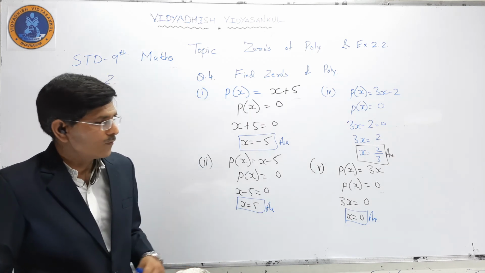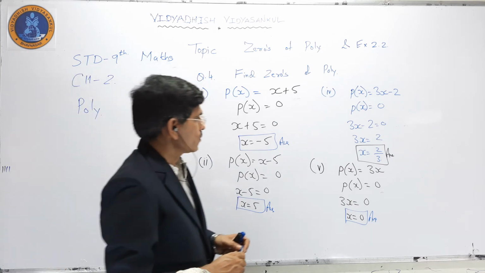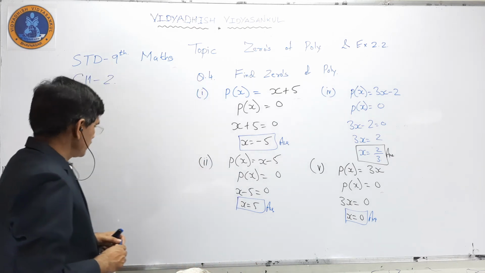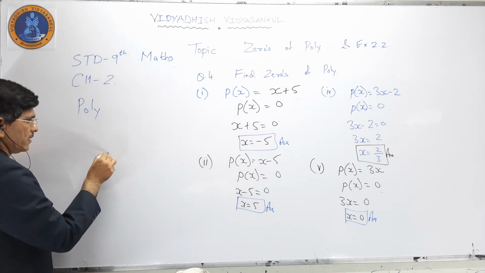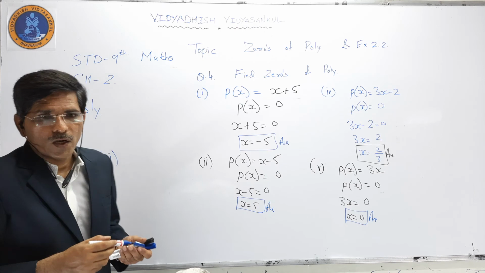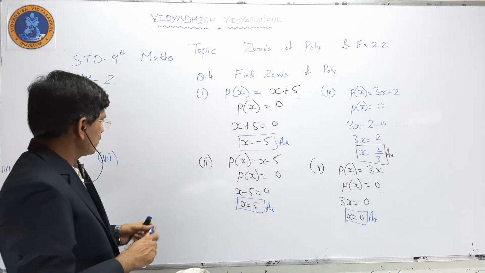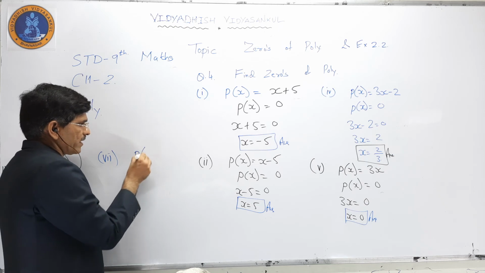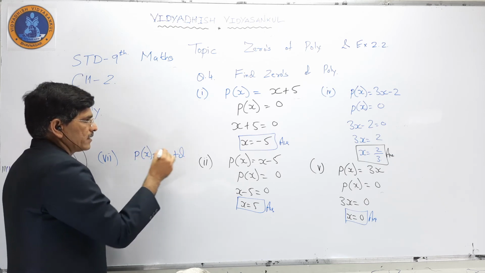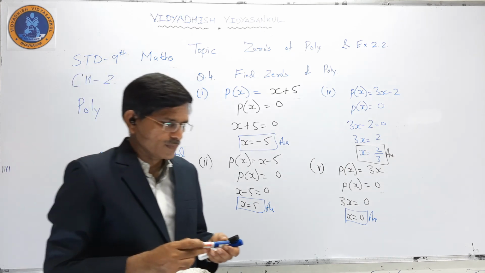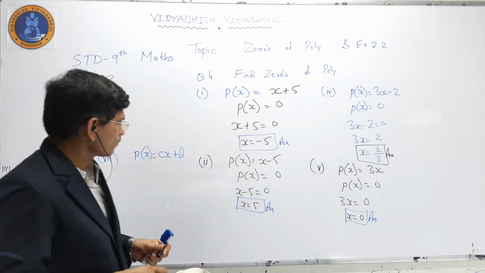Now we go for 6th and 7th. 7 is important, so we concentrate on 7 here. What is 7, sir? Cx plus d. See, they can ask in some different way. I am not rubbing out these whole sums because if you want to write, you can write it.